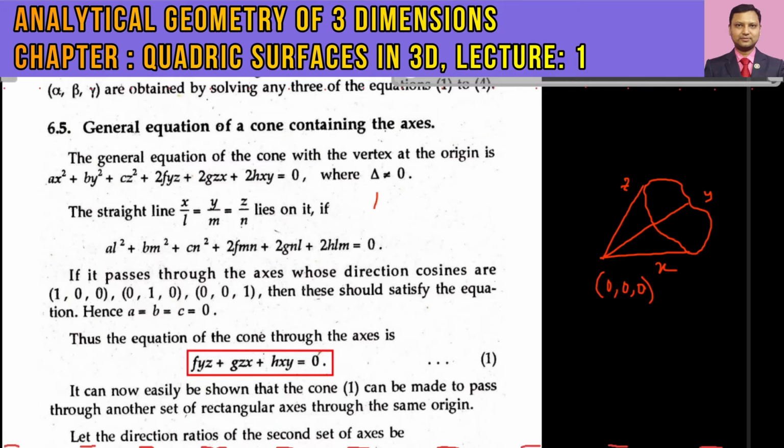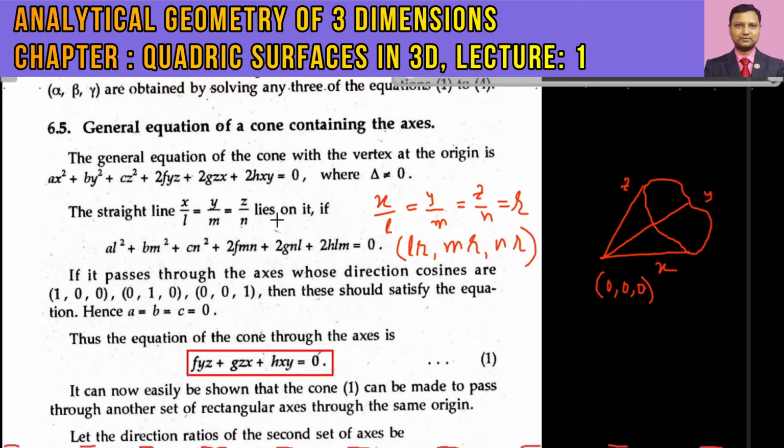If we say this is equal to r, then the point lying on this straight line is lr, mr, nr.